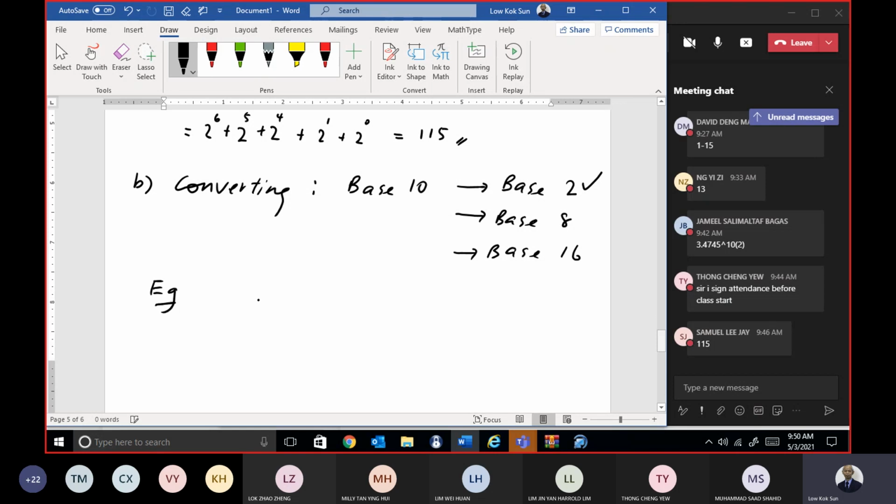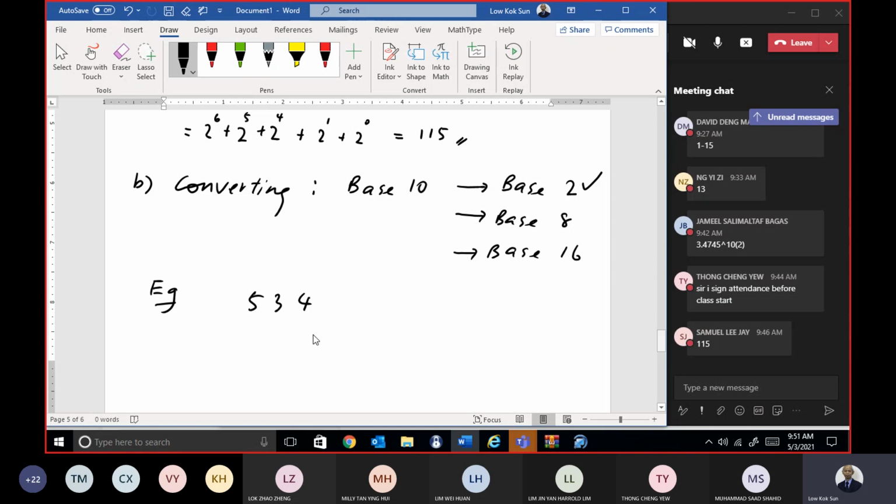So we're going to convert an example here. If I want to convert 5, 3, 4, 1. This one looks like 1,000, but after converting the number will be very, very big. Maybe I cut it down, I just want to show you the method only, so the digits won't be too long.